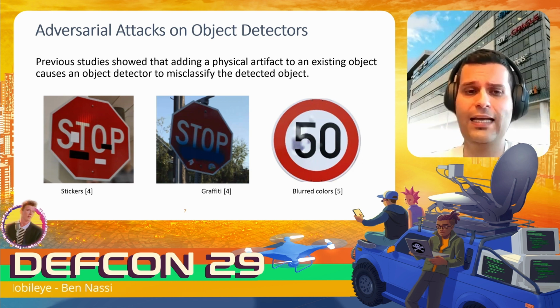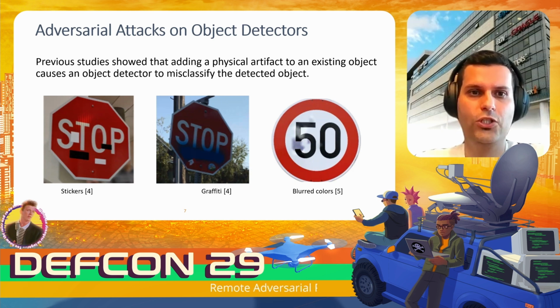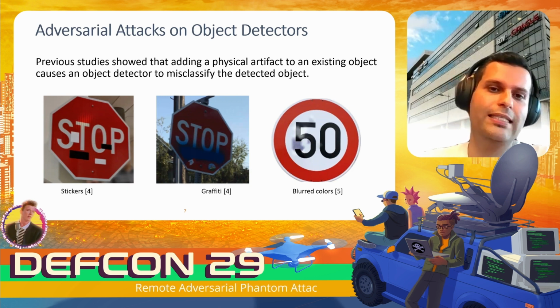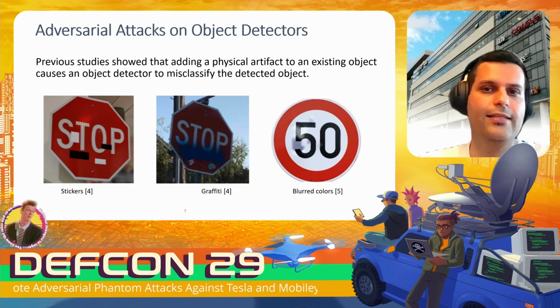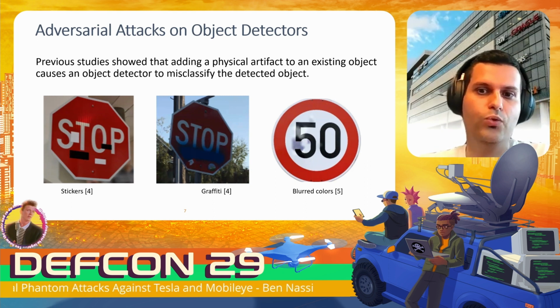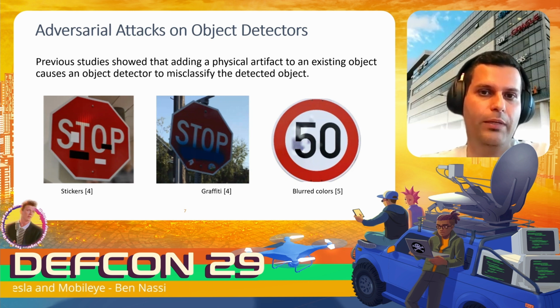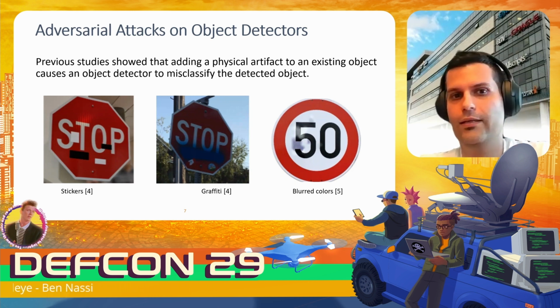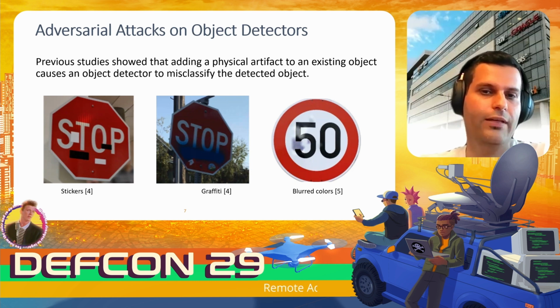For example, the physical artifact can be stickers, graffiti, or even printed blurred colors, all of which caused object detectors to misclassify road signs, for example, a stop sign as a speed limit, or to misclassify one speed limit as another type of speed limit. And this was all done by adding some physical artifact, either stickers, graffiti, or even blurred colors.